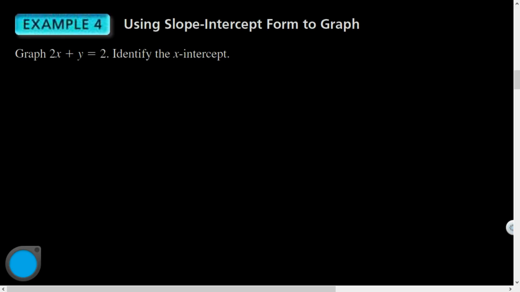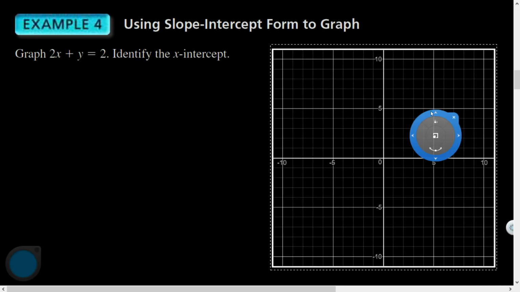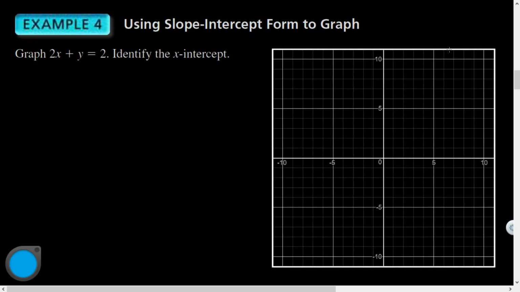So, for this problem, how do I graph this, Amity? What is the slope and y-intercept? Now the problem is, it's not in slope-intercept form yet, so what can I do? Almost.